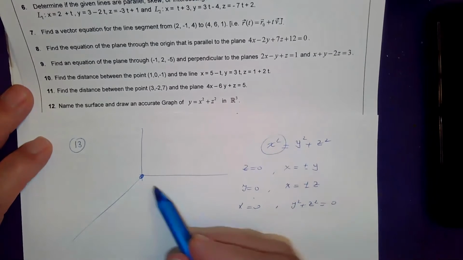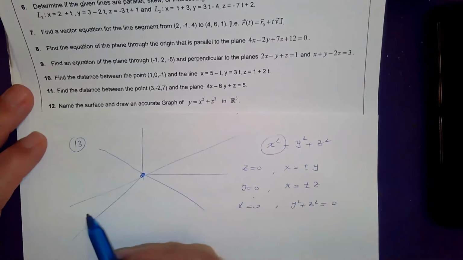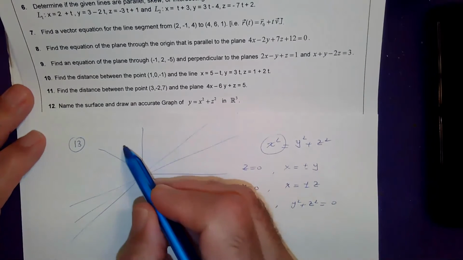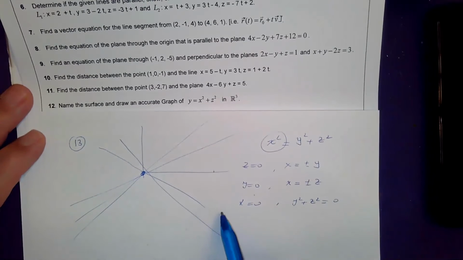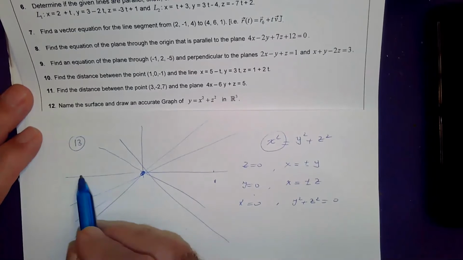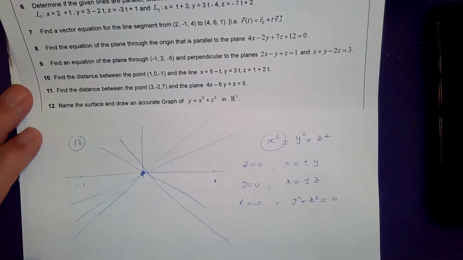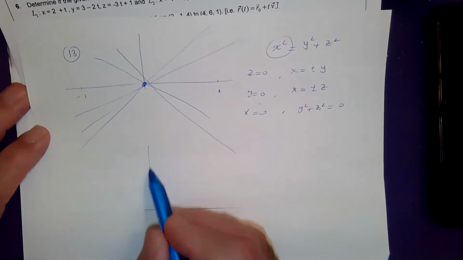Because x is on one side, what's going to happen? You're going to get these intersecting lines, okay? At some point, let's say y is equal to 1, and let's say y is equal to -1, excuse me. Let me just do this one more time.